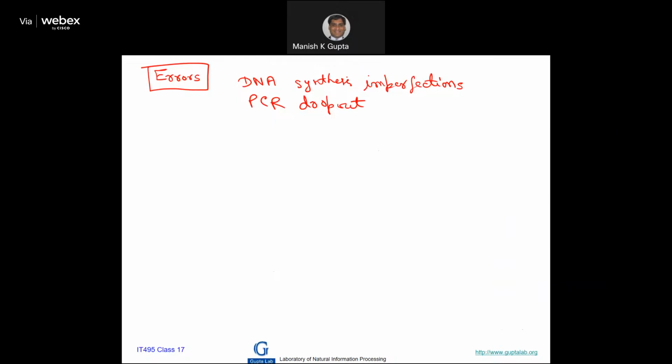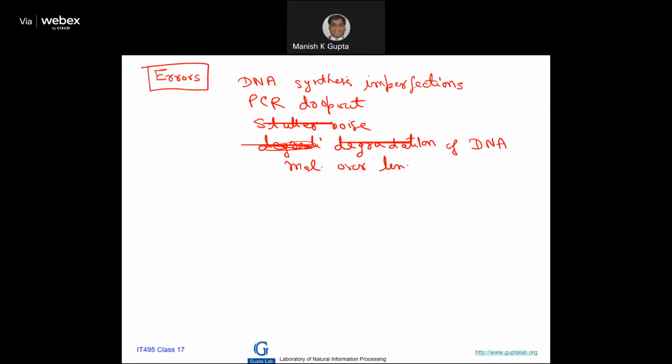PCR dropout happens, so they are modeled as an erasure channel. Then we have stutter noise. We also have degradation of DNA molecules over time. That's another reason. And then sequencing errors.